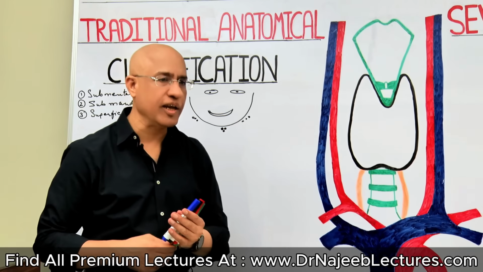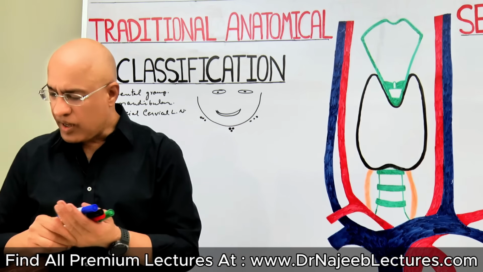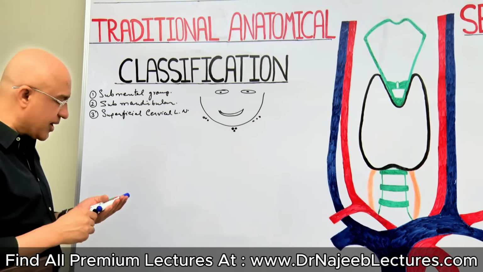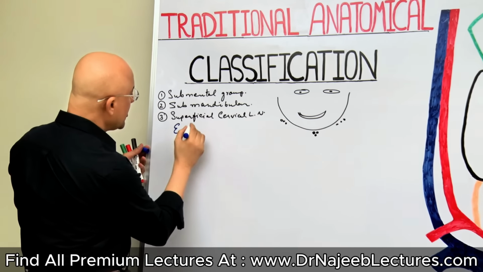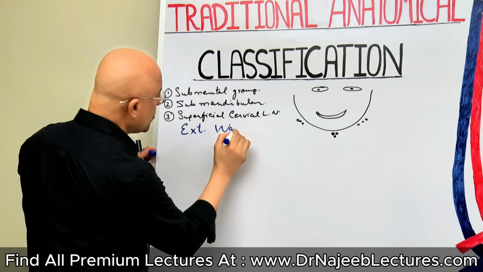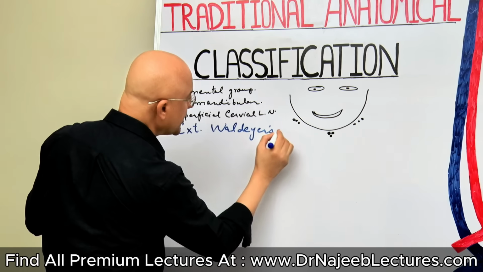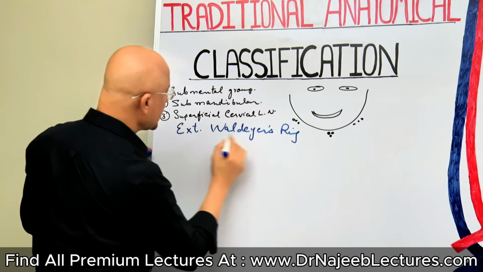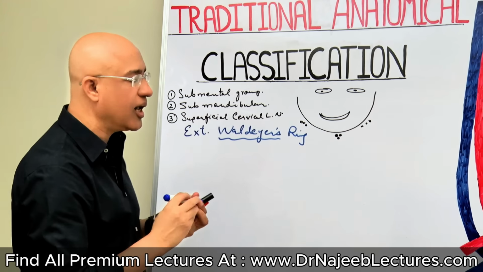Then a very special name is also sometimes used, that is external Waldeyer's ring. What is that? Now let me explain this Waldeyer's ring, because there is internal Waldeyer's ring also, right?